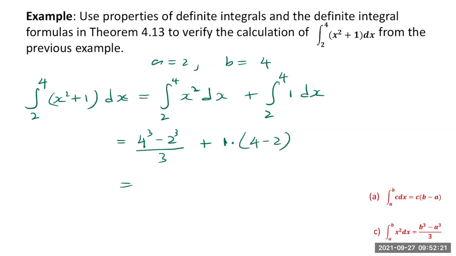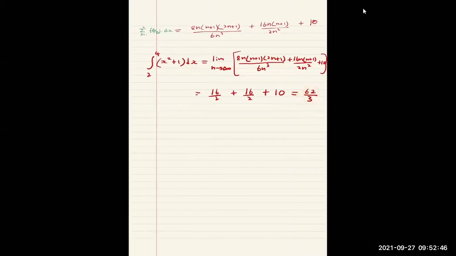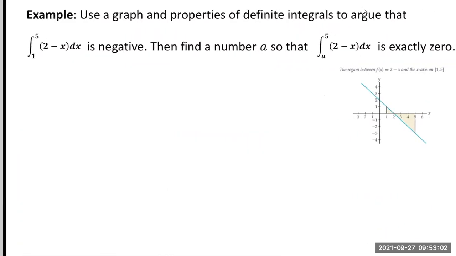If you calculate this, you will again get 62/3. That is what you got in the previous part, 62/3 using the right sum formula, where you took the limit as n goes to infinity to calculate that definite integral. All right, let's move on.